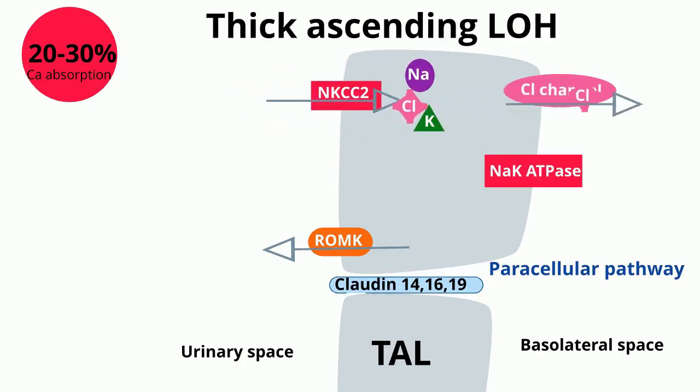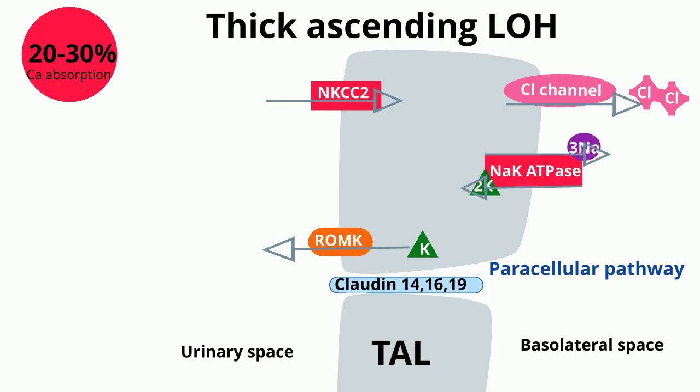The sodium and the chloride get extruded over the basolateral membrane by these pumps, the sodium-potassium ATPase, or these chloride channels. The potassium gets kicked back out here into the tubule lumen through this renal outer medullary potassium channel, ROMK.